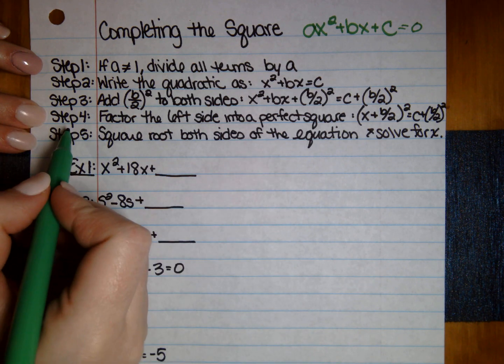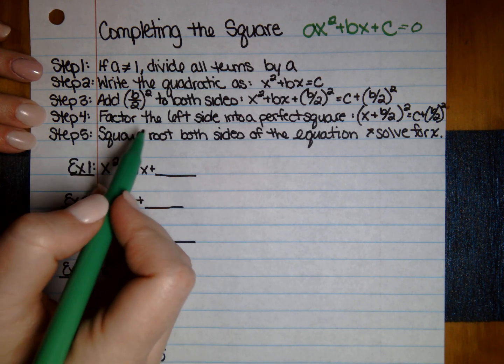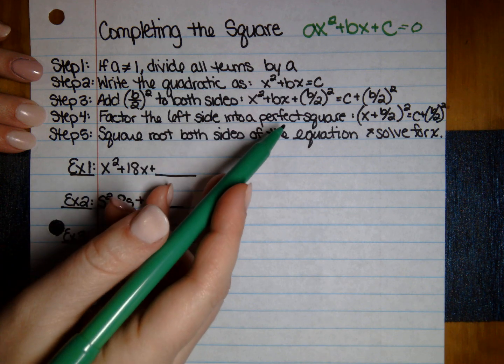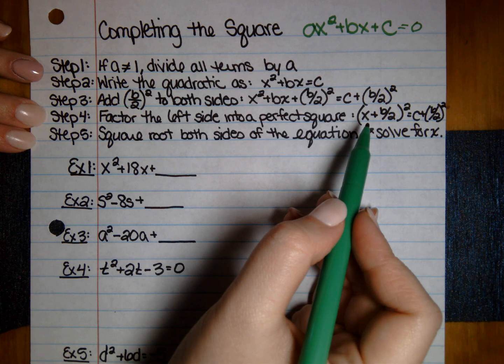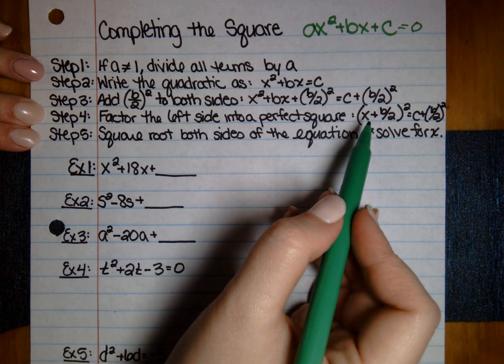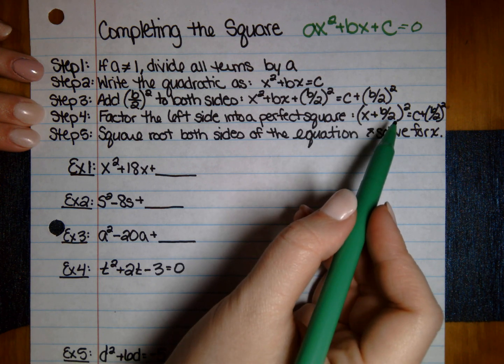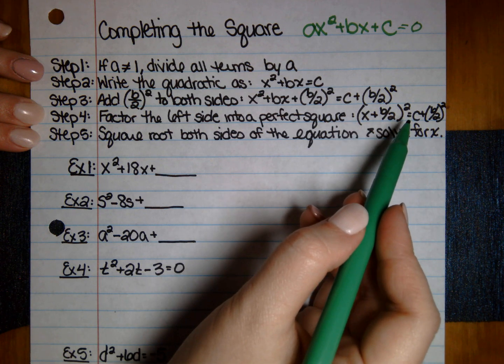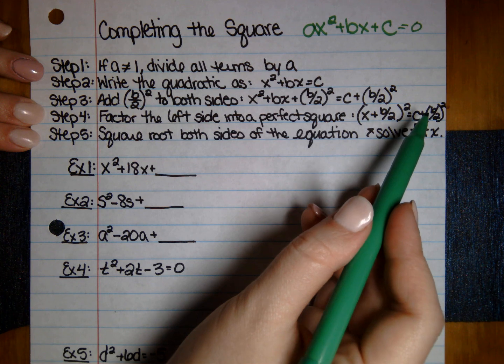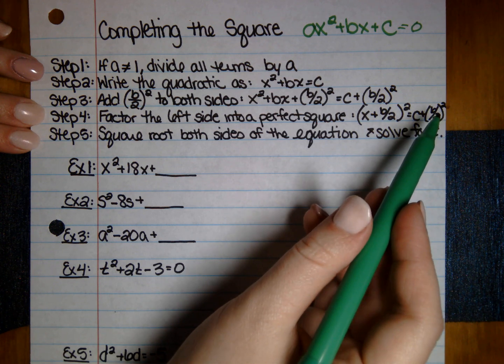For step 4, it says to factor the left side into a perfect square. So your perfect square is going to follow this pattern: x plus half of b, all inside of parentheses, and then that raised to the second power, is equal to c plus half of b squared.